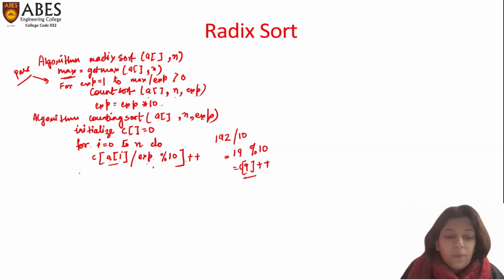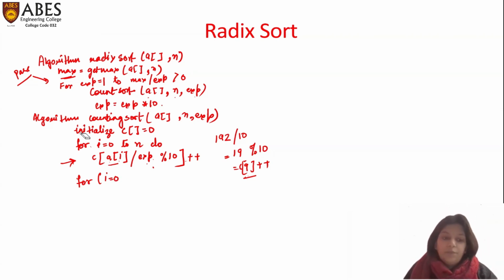Right? Now, after this, we have made the counting array, and now we have to make the cumulative frequency array. If you remember it, we have to make the cumulative frequency array. For this, the for loop will start from 0 and go till 9, right? And what do we have to do?